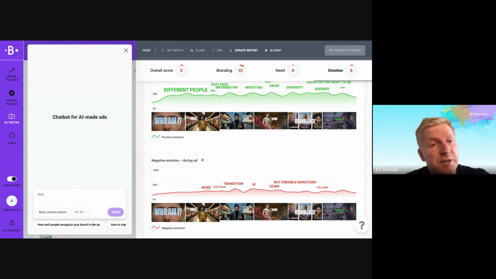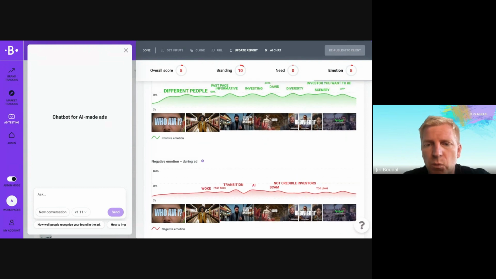What we do is first we measure the emotion, and then we replay the parts when people change their emotion, and we ask for an association. So some of the associations for the reasons of the negative emotion here was woke, was perhaps fast transition, I don't know, or that AI transition here. So it's basically mentioned here.